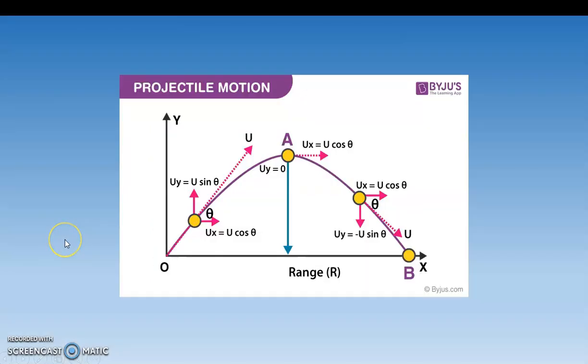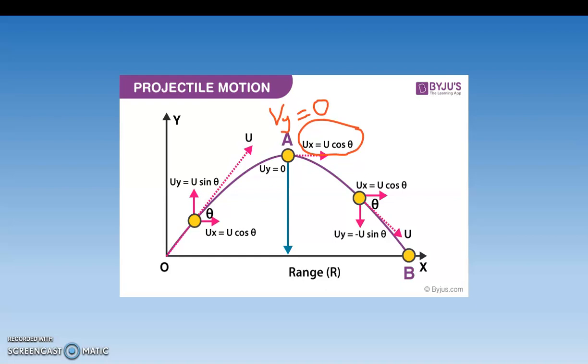Alright. Now, discussing projectile motion, this is how it is. Our Ux or Vx is always constant. While at this point, the maximum height, that is where we have Vy equal to 0, as in the last slide. So Vy is equal to 0 at this point.